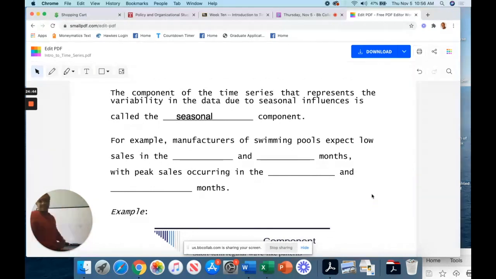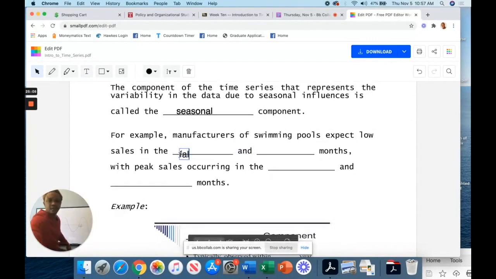So now in this case, manufacturers of swimming pools. If you were selling swimming pools, you would expect low sales to be in, I guess, fall and winter.